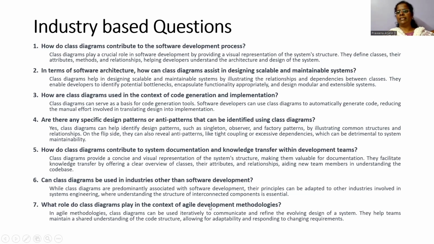Okay, what is this agile development methodology? Whenever changes are happening inside the system, they have to be communicated properly, right? First and foremost, when we start developing a system, a particular model, we have some idea. In between, that idea may change, right? At that time, the changes have to be communicated to the developers in a proper manner.